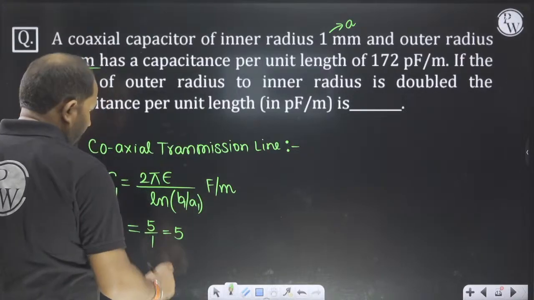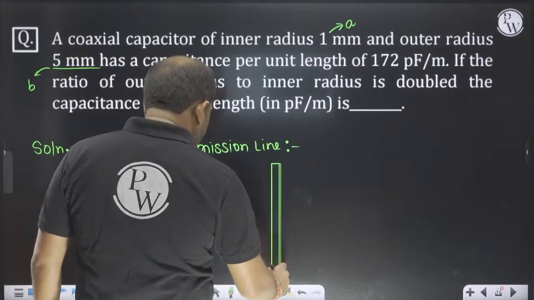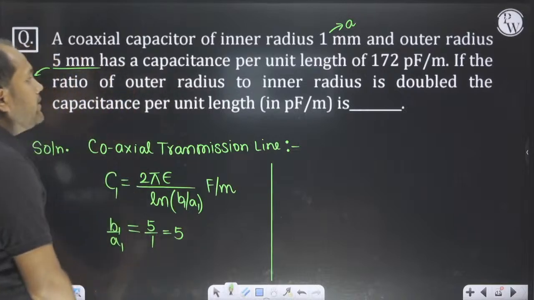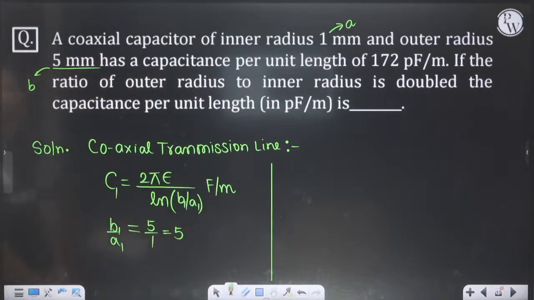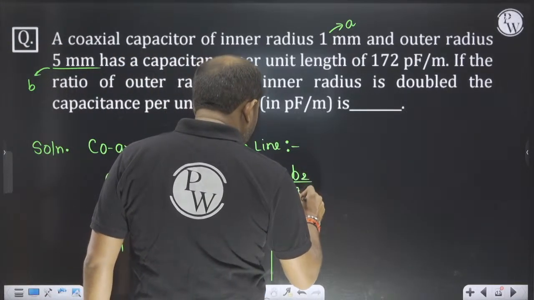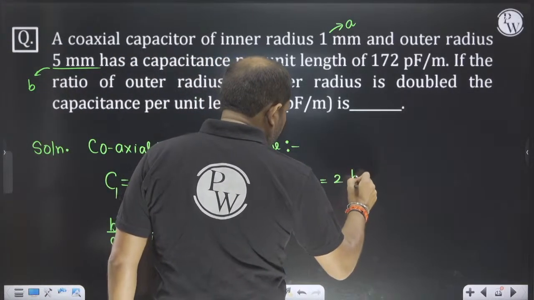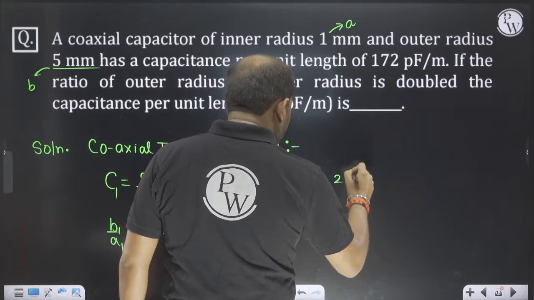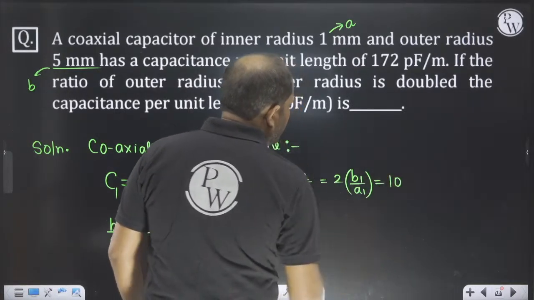In the second case, what have they asked? They have asked that the ratio of outer radius upon inner radius is doubled. That means B2 upon A2 is 2 times B1 upon A1. B1 upon A1 is 5, so it will be 10.